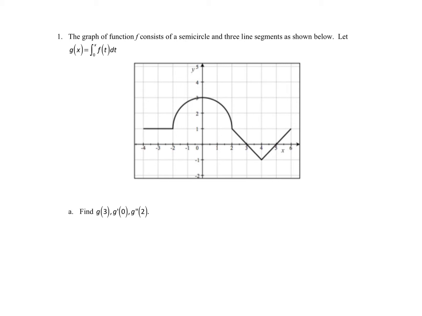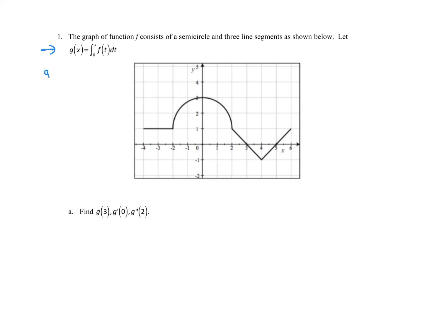Okay, so if you're ready and you've tried it yourself, in this problem, we have to find g of 3, g prime of 0, and g double prime of 2. But first we need to make sense of this situation up here using the fundamental theorem of calculus. The idea is if we take the derivative of an integral, those operations cancel each other out.